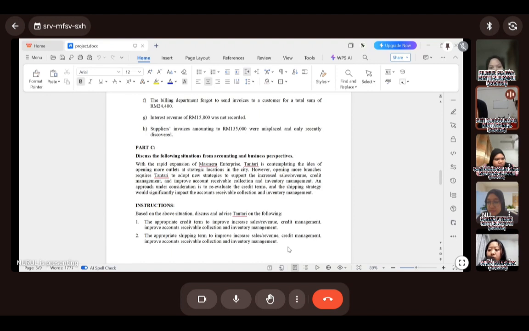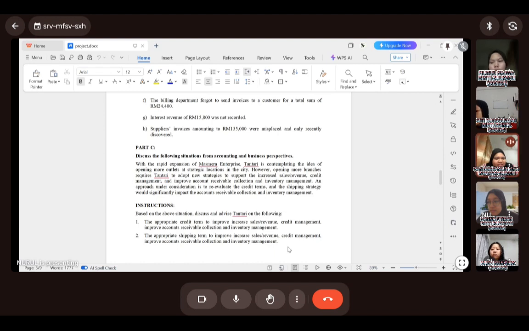Also, with the rapid expansion planned by Tantari, I think she should consider evaluating her credit terms to ensure they align with her growth strategy. And what do you guys think would be an appropriate approach?